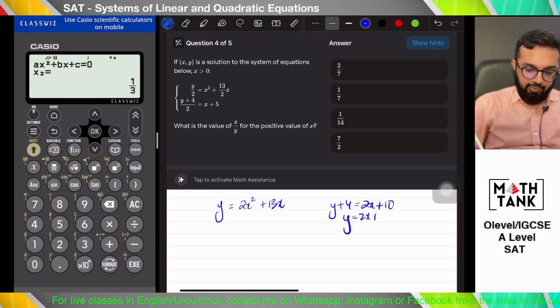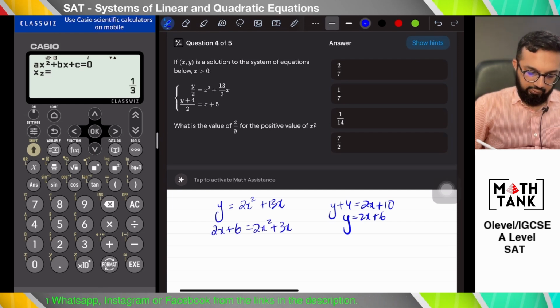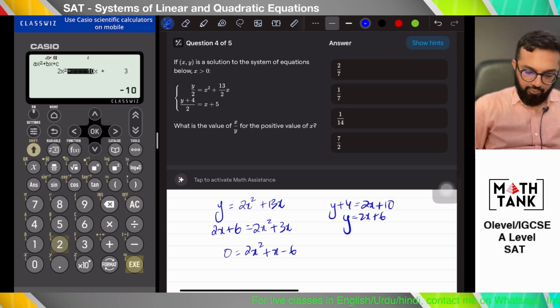y equals 2x plus 6. So 2x plus 6. 0 equals 2x squared plus x minus 6. So let's solve for 2, 1 and minus 6. Let's see if we get the correct answer. 3 over 2 and minus 2.